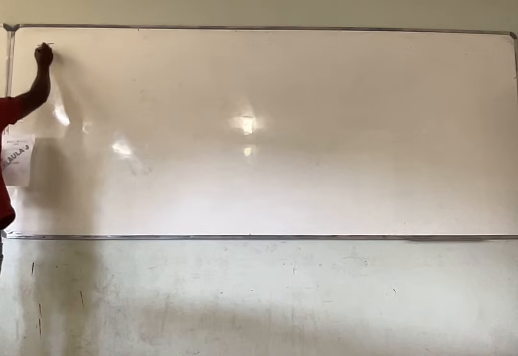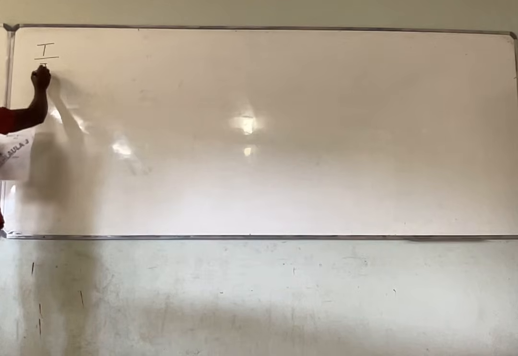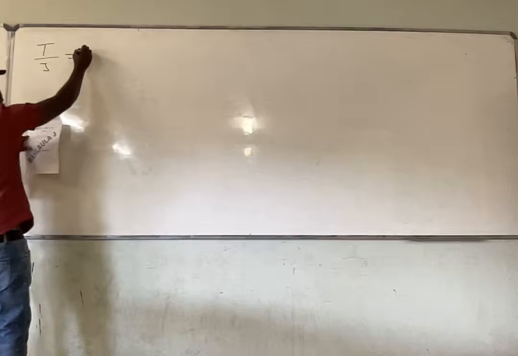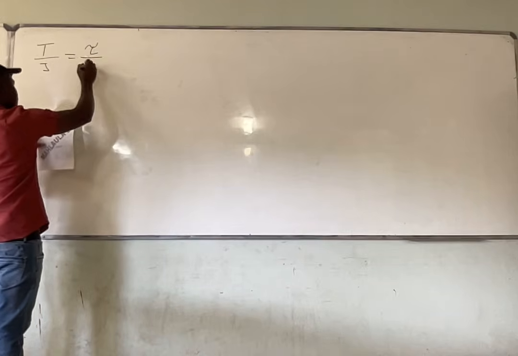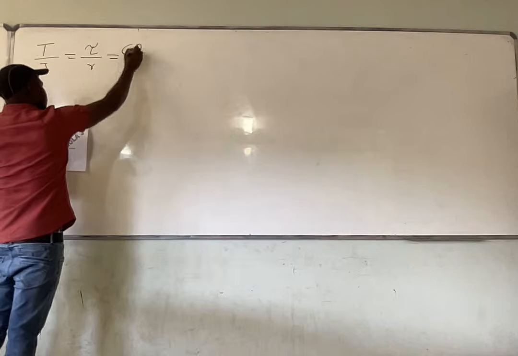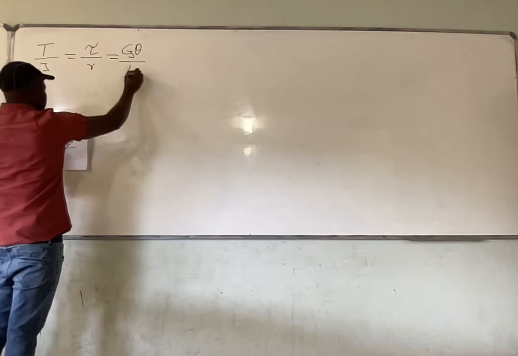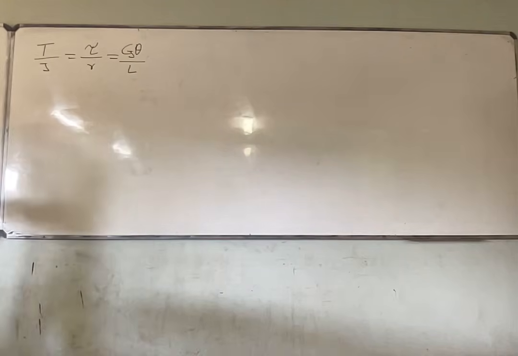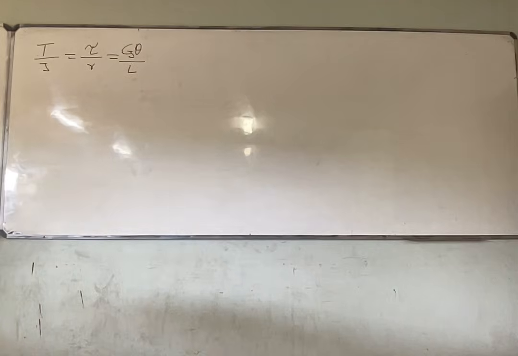So we have T over J is equal to shear stress over R is equal to G theta over L. That is a very important formula for this chapter. What does T stand for in this formula?